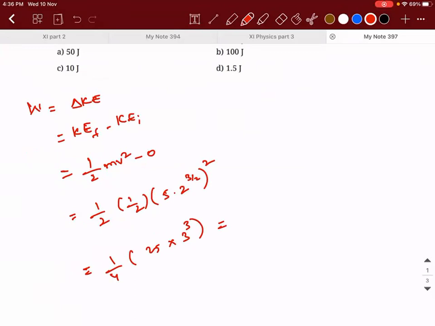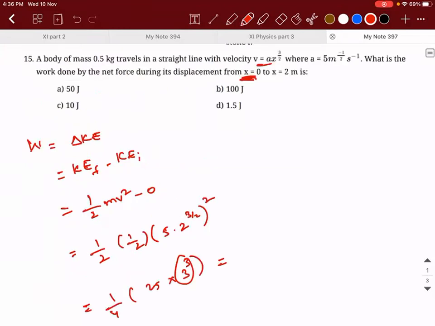Yes, sir. But I don't see things getting cancelled out easily. Is it an approximate value? Oh, this 2 cube, I wrote it as 3 cube. So 2 cube means 8. This will go 2 times. Then it is right. 25 twos is 50. 50 joule.